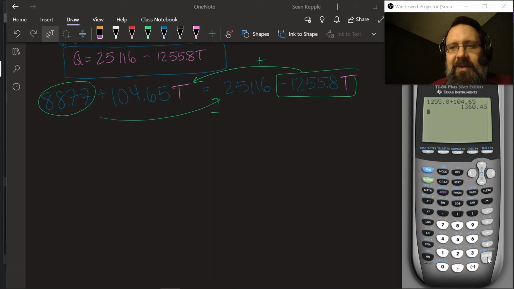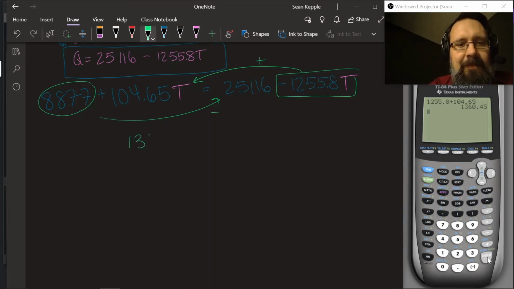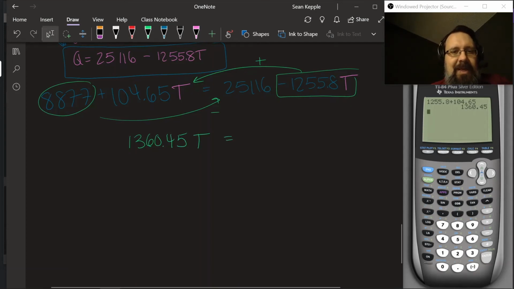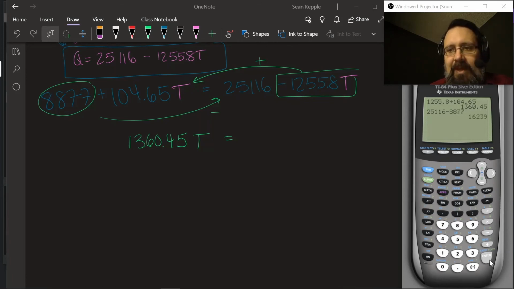It's going to give us 1360.45 T. It's going to be equal to, so now we're going to take the 25,116, and then we're going to subtract 8877. And that's 16,239.